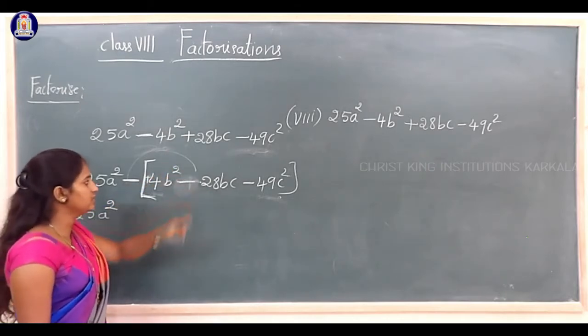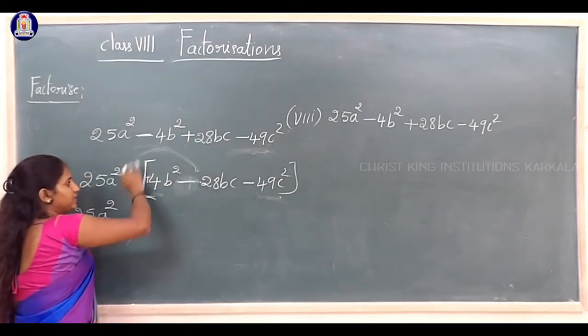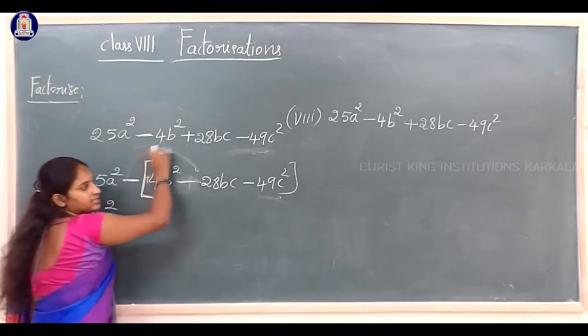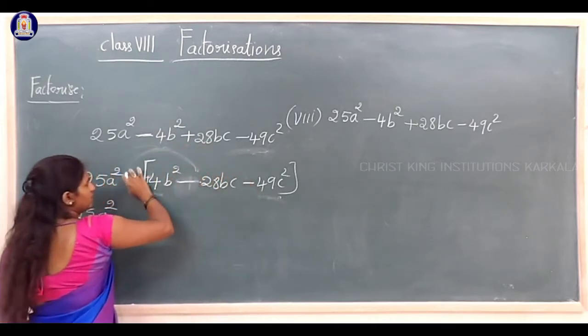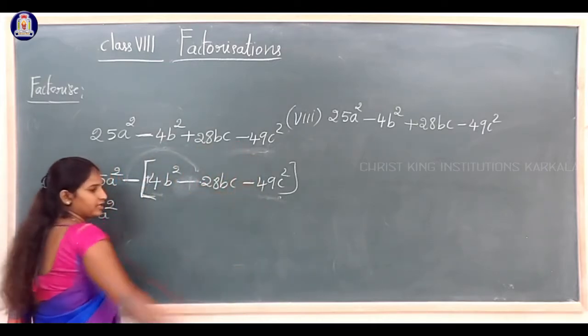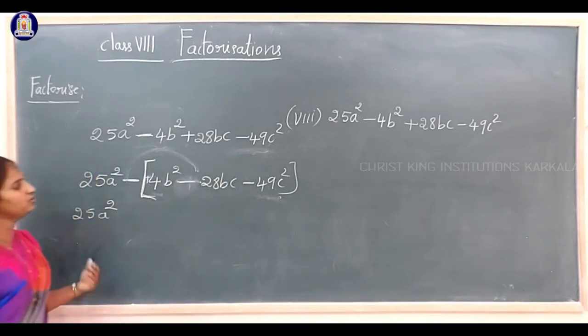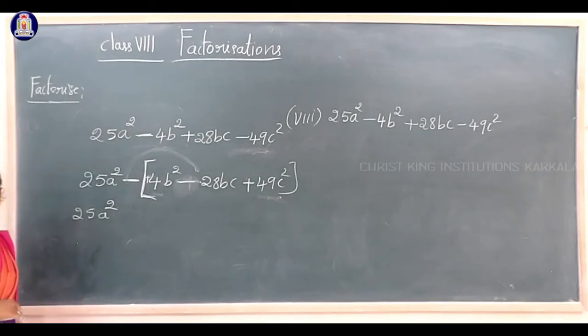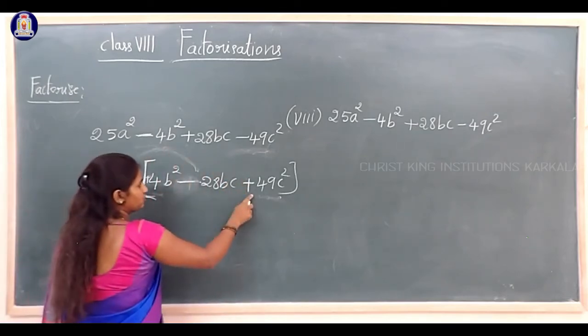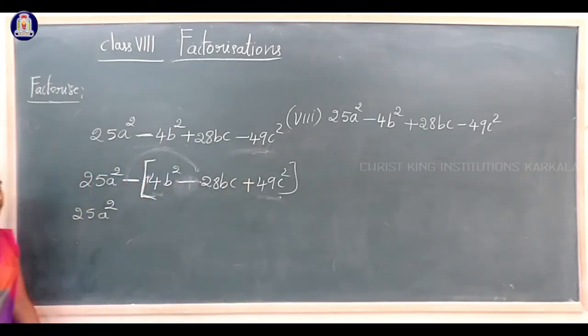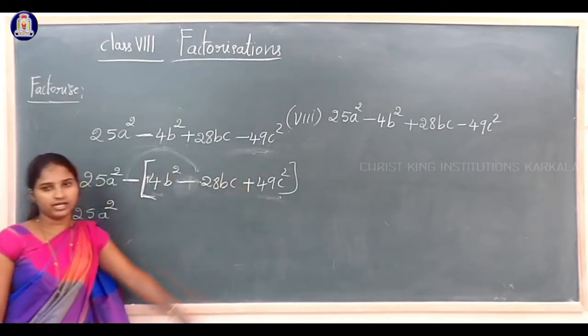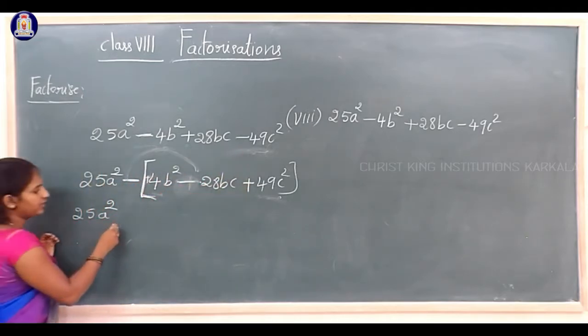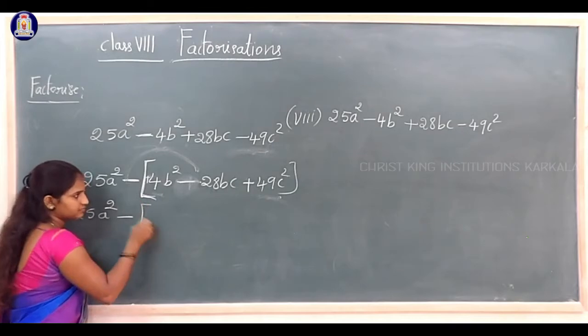So 28bc. Similarly, multiply the last sign, minus into minus. Can you get minus again? No. So we have to change this sign to plus. Minus changes into plus. So minus into plus is minus. Now 25a square minus.